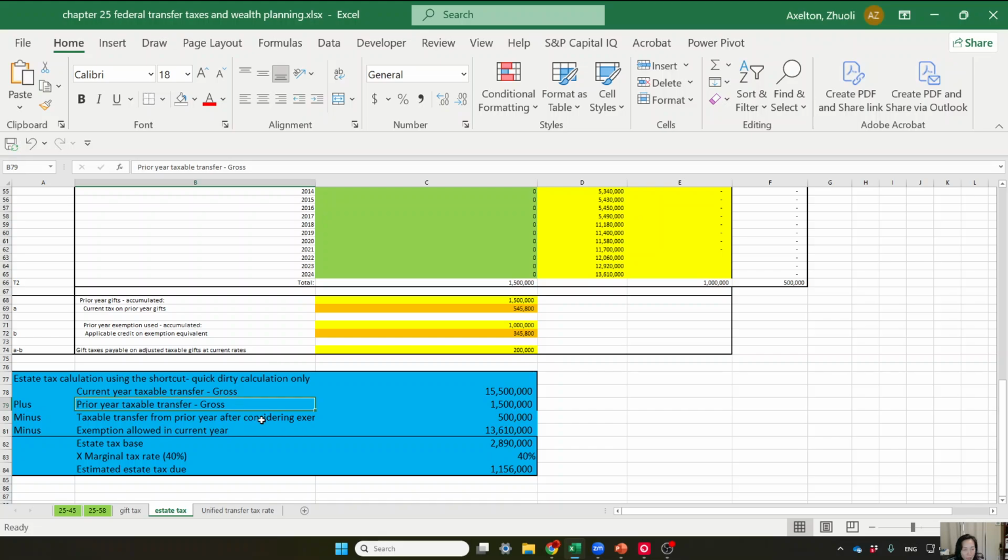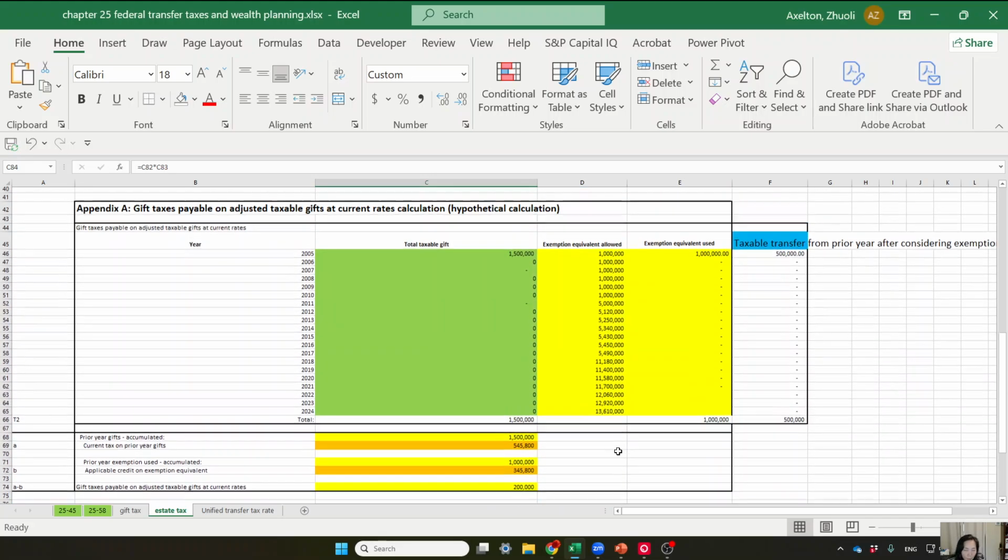Then we subtract any taxable transfer from prior years after considering the exemption. Then we subtract the exemption allowed in the current year to get to the estate tax base. So again, at the end of the day, if the estate is large enough, generally speaking, the marginal tax rate of 40% will kick in to get to the estimated estate tax due.